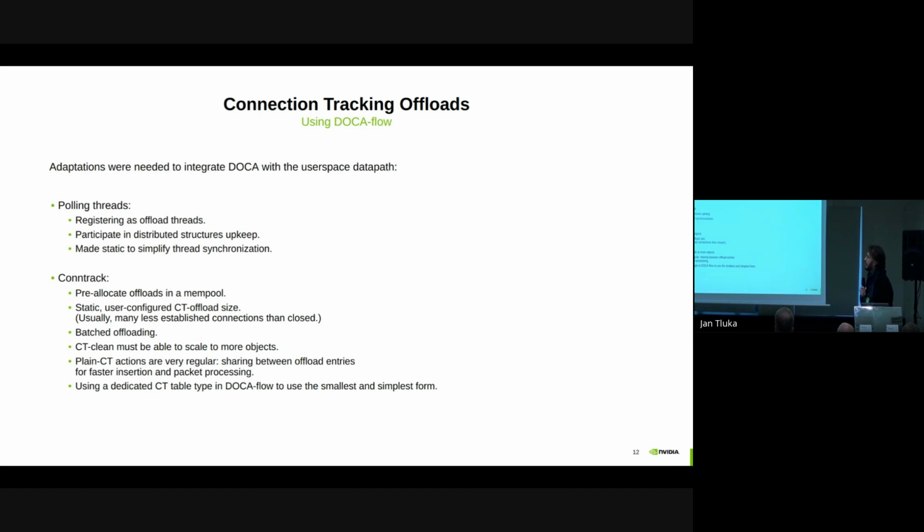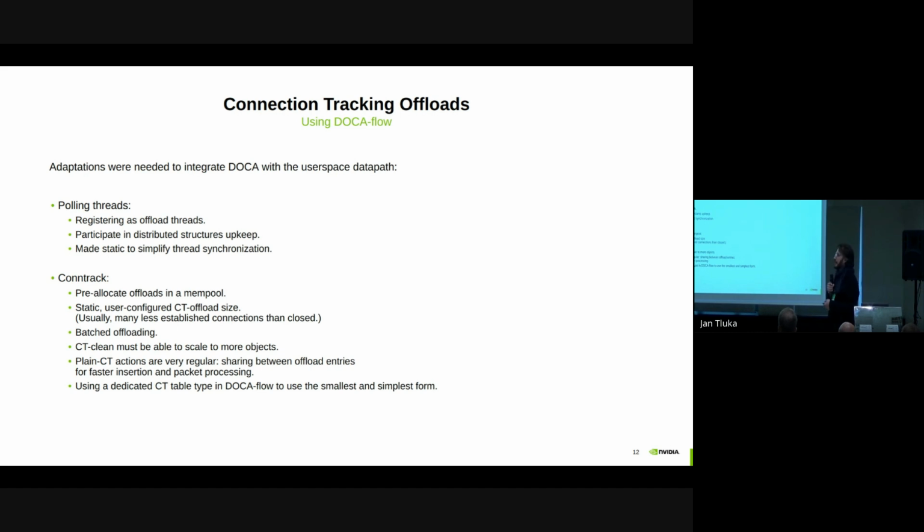Then those threads need to participate in the upkeep of the distributed structures that you will use inside of DOCA. And finally, we had to make those polling threads static because DOCA expects all of the registered threads that will work on their own internal structures to remain for the whole lifetime of the process.